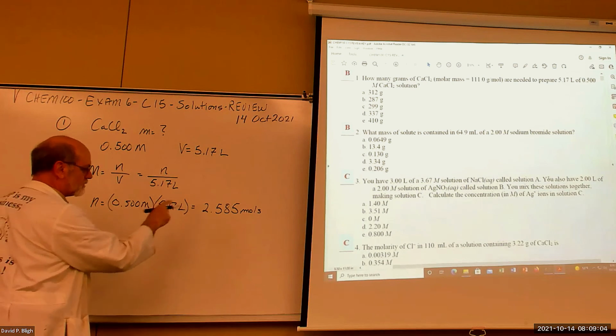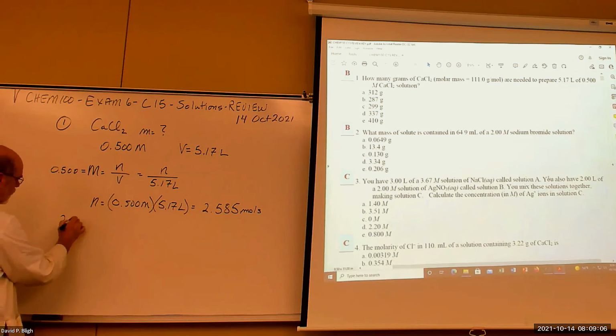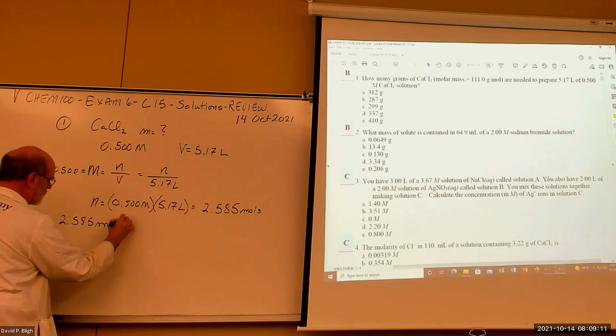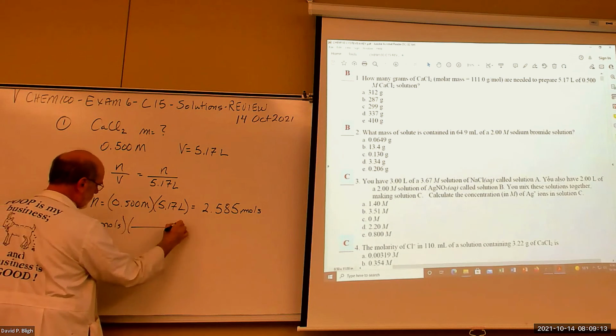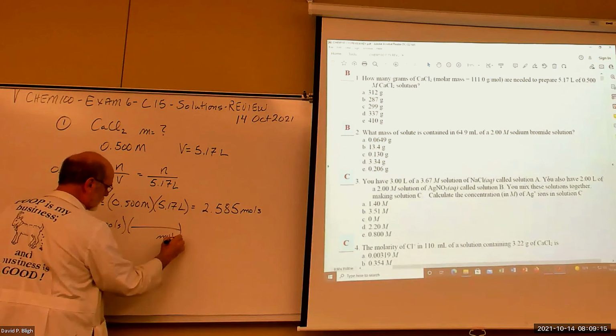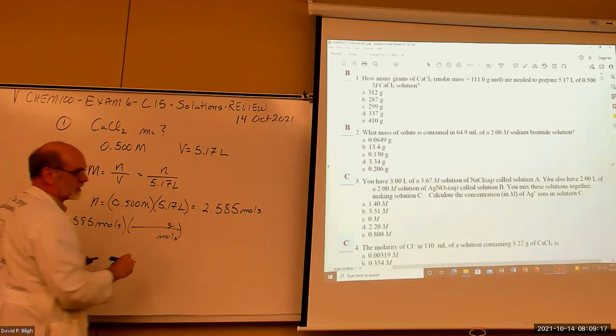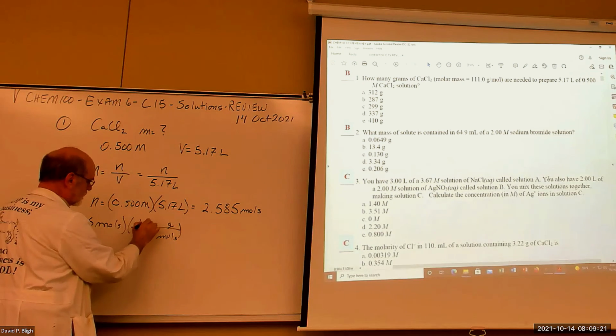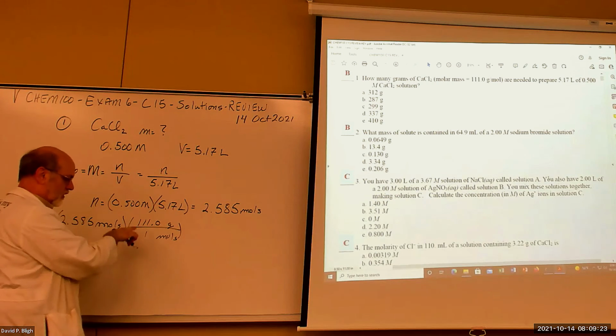Now we need to convert moles, cancel moles, leave us with grams. And the magic number there is 111 grams per mole.